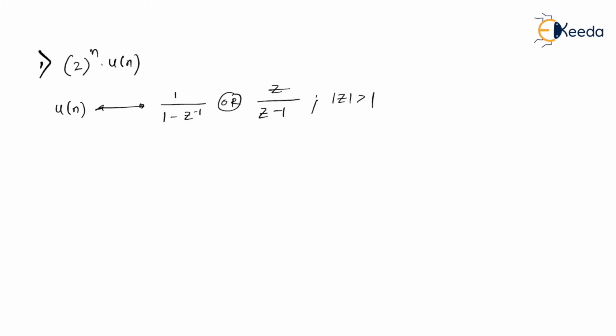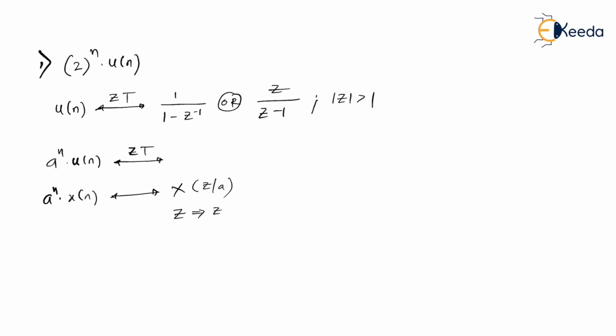So this was the z transform for u of n, am I right? You know that by the first shifting theorem, for a to the power n x of n, it is actually x of z by a. So what we do is we just replace z with z by a everywhere, am I right?